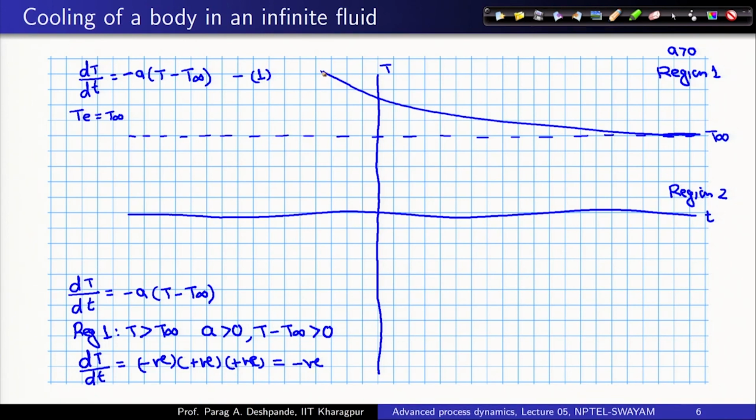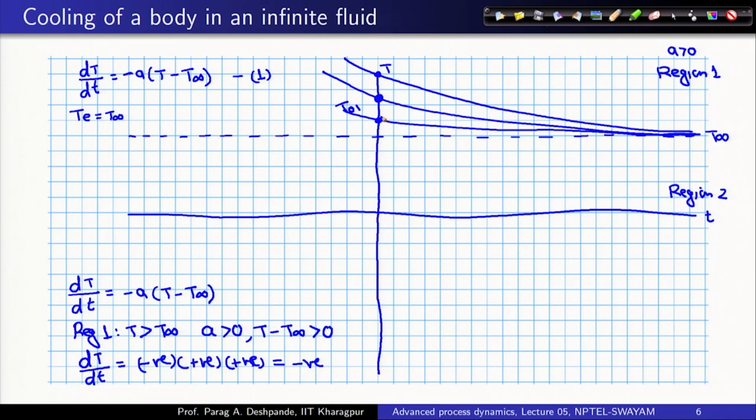Remember how I did that: I took into consideration that along this curve the gradient should always be negative, and second, it should end up at T infinity as t tends to infinity. This is one of the curves, and this will be your T0, one of the initial conditions. You can have several of these curves corresponding to different initial conditions and so on.